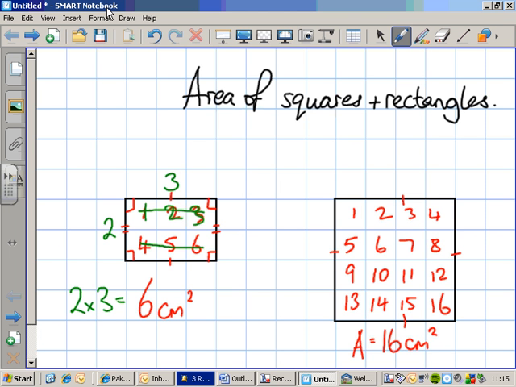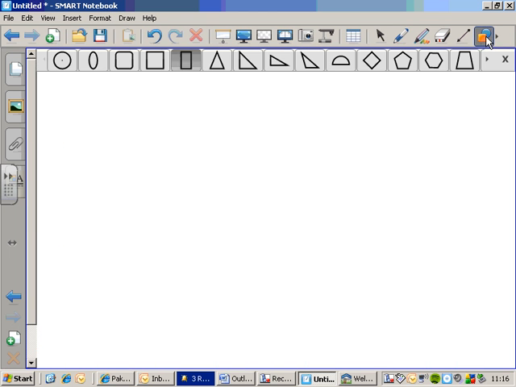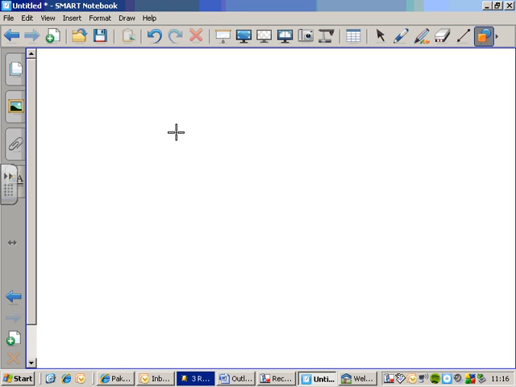Similarly, over on the right, on our square, we have a square that is 4 squares long and 4 squares wide, and those two multiplied together, 4 lots of 4, give us our area of 16 centimetres squared over there. That leads us to understand that even if we have a rectangle or a square without squares inside it, as long as we know how long and wide it is, we can work out the area.